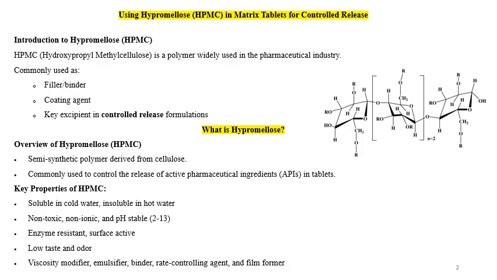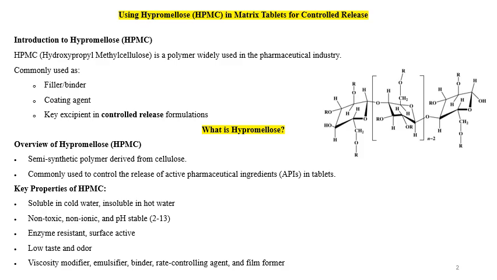Commonly it is used as a binder, sometimes as a filler also. It is used as a film forming agent in coating material, and mainly it is used as a matrix former or controlled release polymer in prolonged release or sustained release tablets or controlled release formulations.